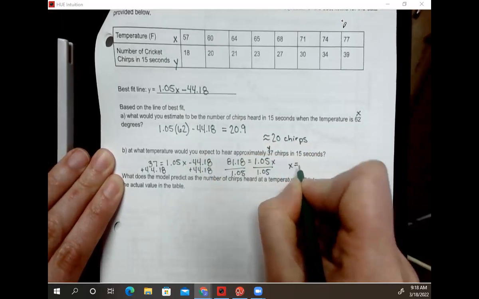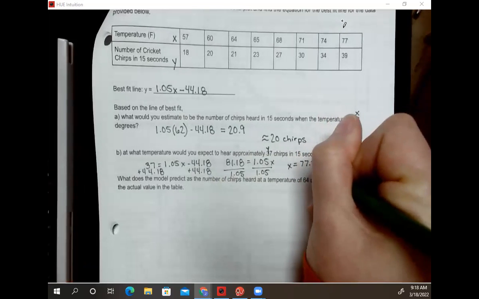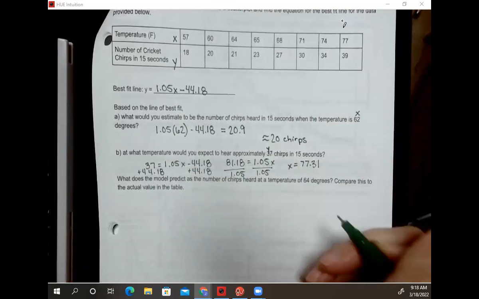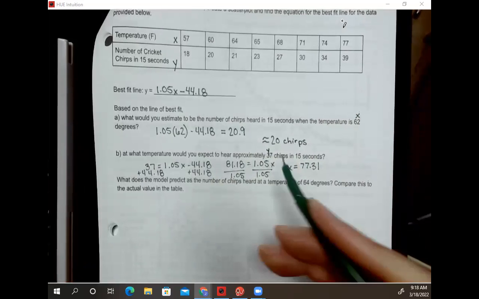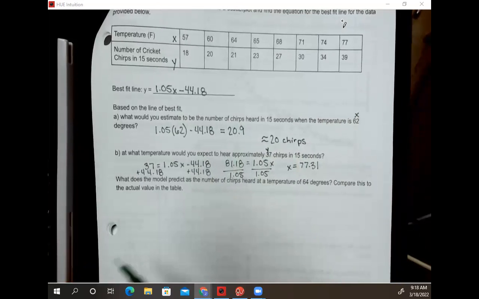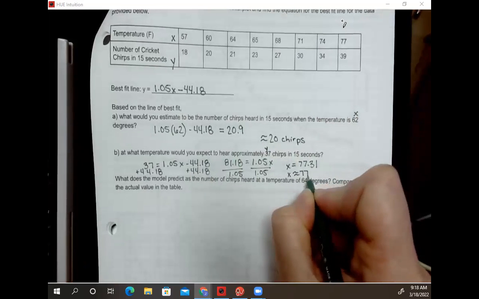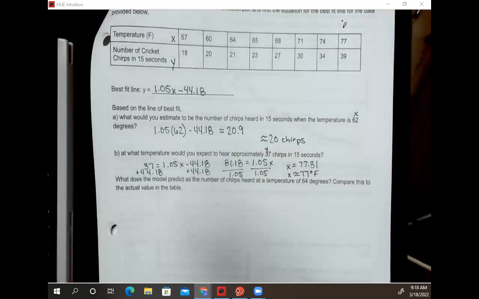And we get x equals 77.31. Since temperature can be a decimal number, we could leave this as a decimal, 77.31. That would be okay for temperature. We didn't want to leave our chirps as a decimal because either it chirped or it didn't. So that's why I would want a whole number there. If you did choose to round this to a whole number, we'd be looking at about 77 degrees. And this is in Fahrenheit for our temperature.